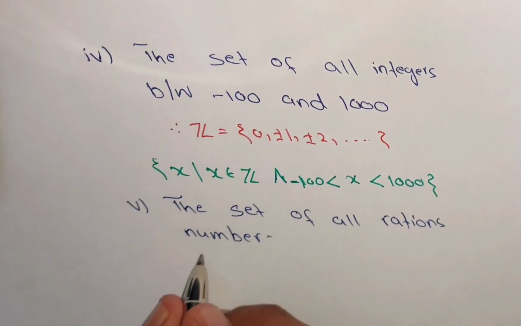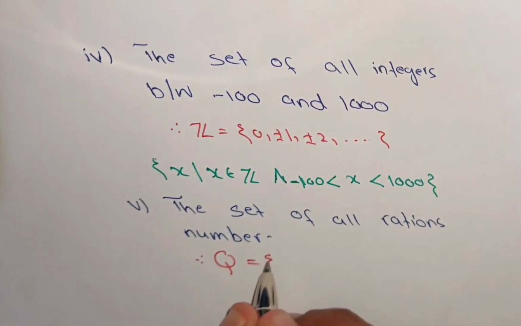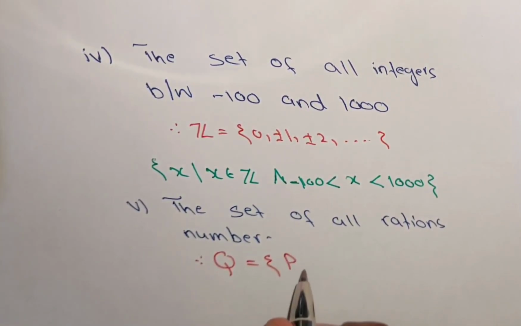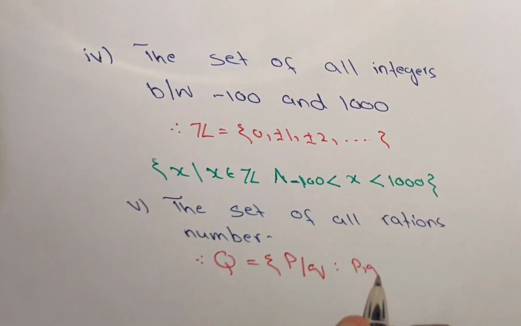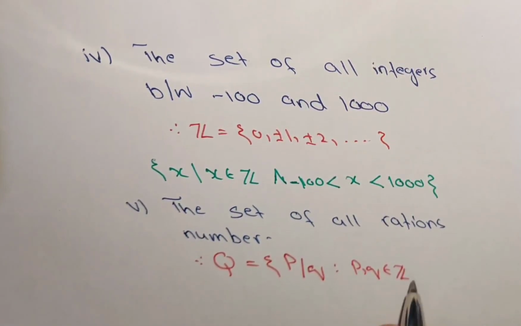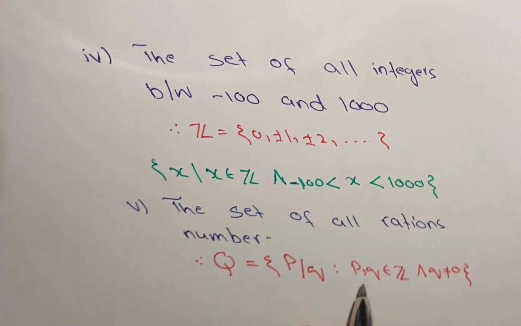As we know, the set of rational numbers is denoted by Q, and it has values in the form p/q such that p and q both belong to the set of integers, and q is not equal to 0. So this is the set of rational numbers.